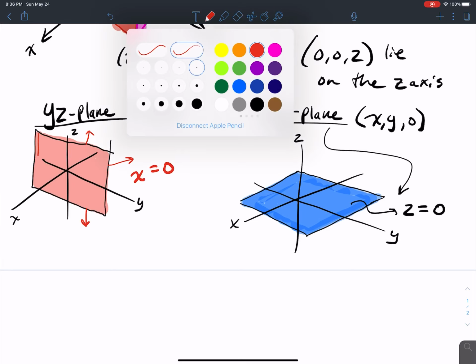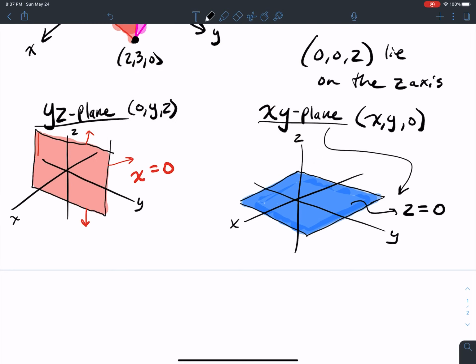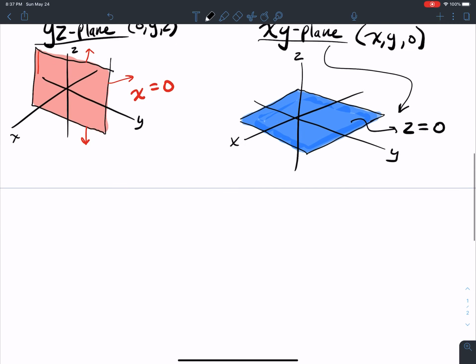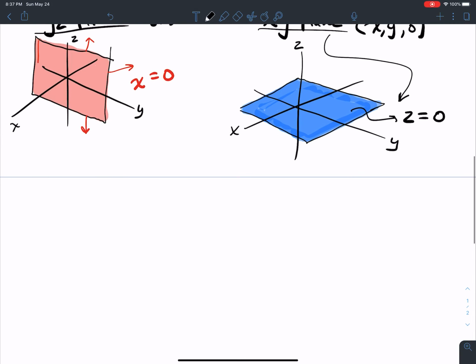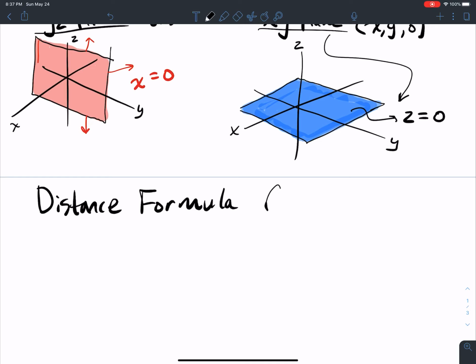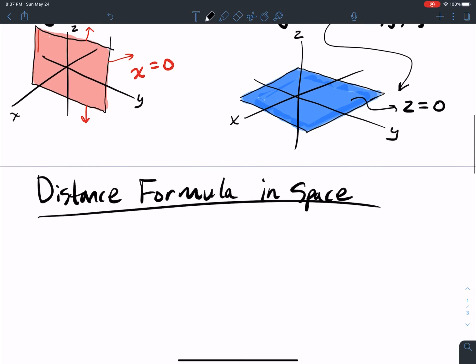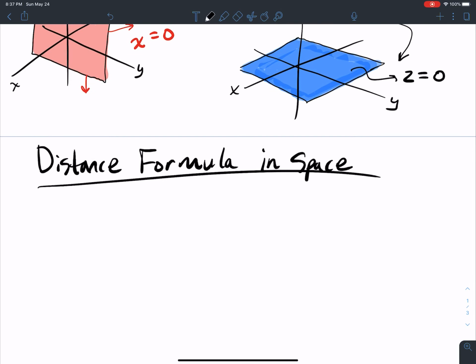Now, finding distances between 2 points in space is kind of intuitive. The distance formula in space is very similar to the distance formula on a plane.